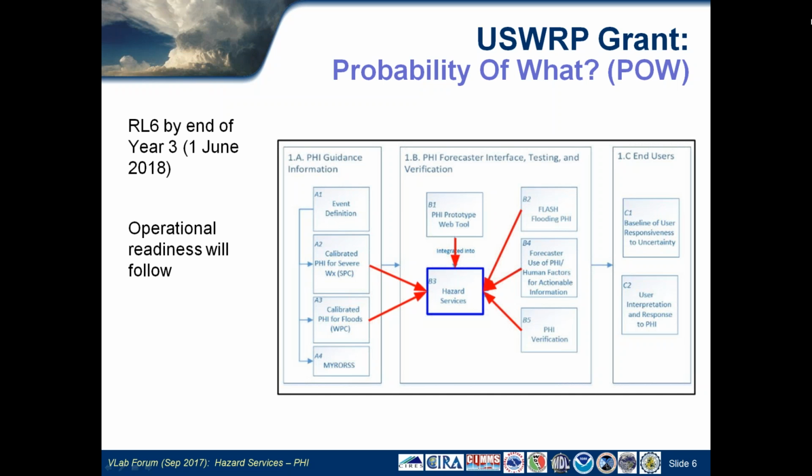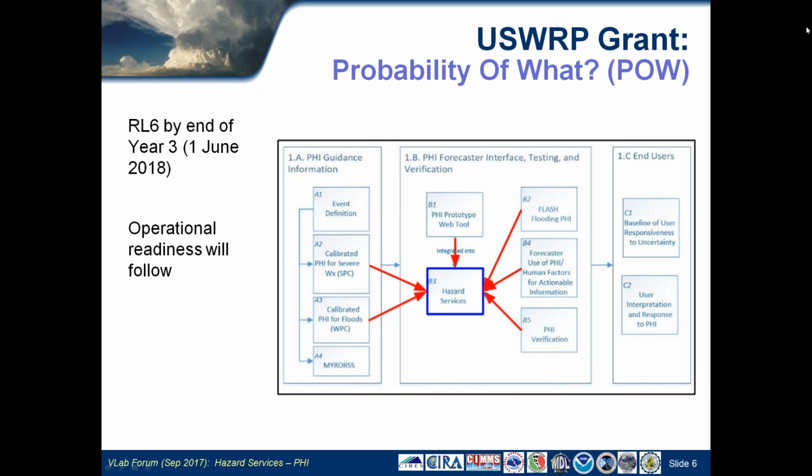During the 3-year USWRP project, we are going to achieve a readiness level of 6, which is basically a prototype system tested in a relevant environment. The Hazardous Weather Testbed is our relevant environment.